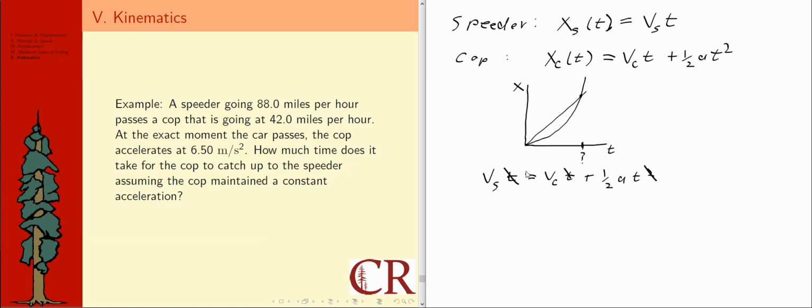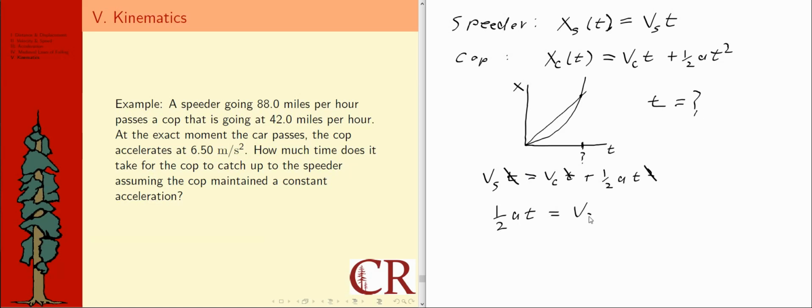My goal, again, is to solve for time. I put that question mark here, but I could also say I'm doing an intersection problem with that goal, solve for t. So that helps me remember that I'm going to move 1/2 a t over here and subtract v sub c from both sides.